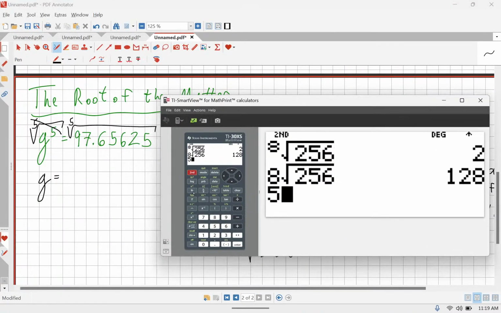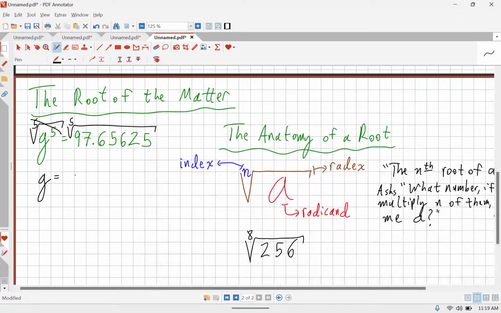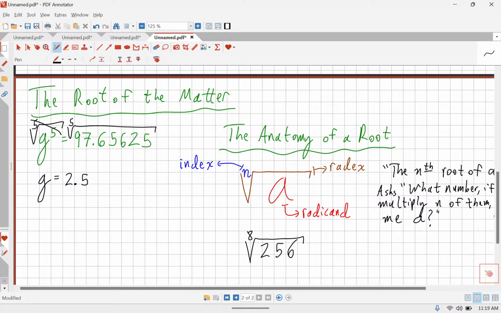The 5th root of 97.65625 is 2.5. Should that be plus or minus or just the positive one? It should be just the positive because it was an odd exponent.